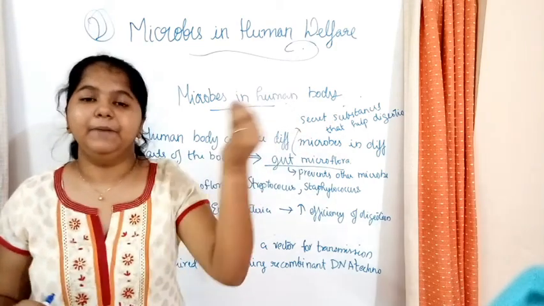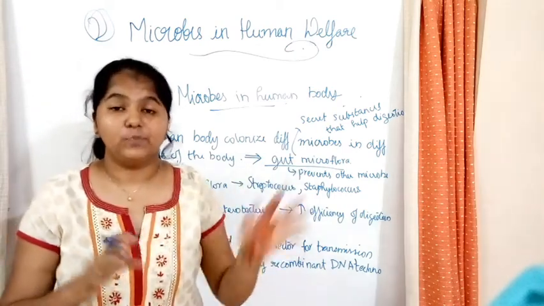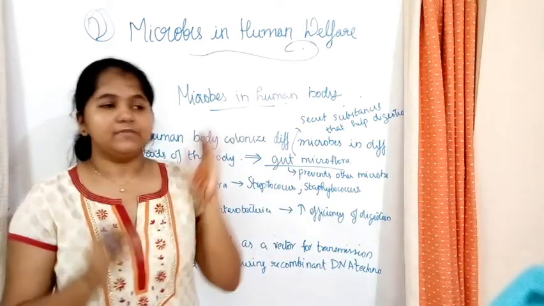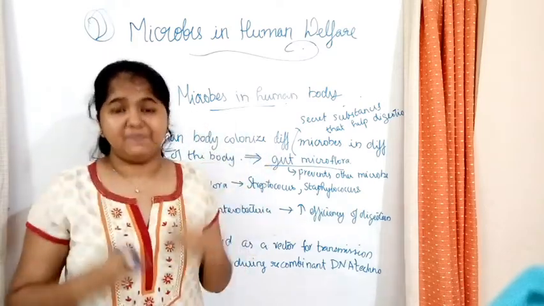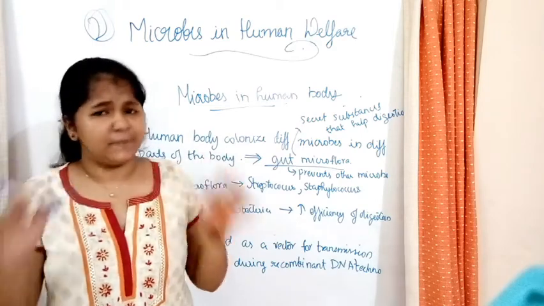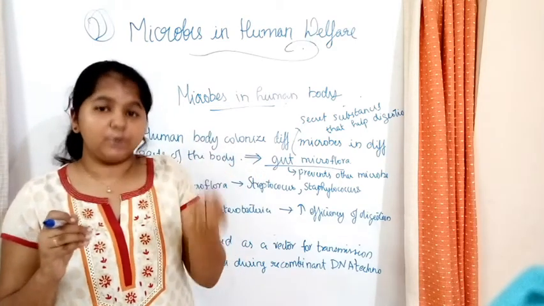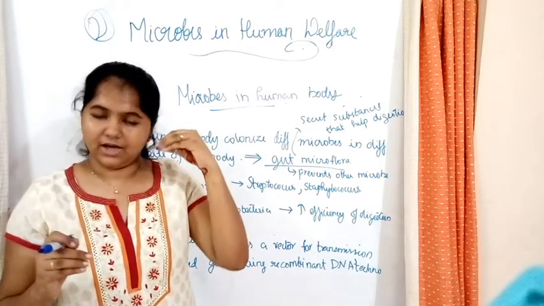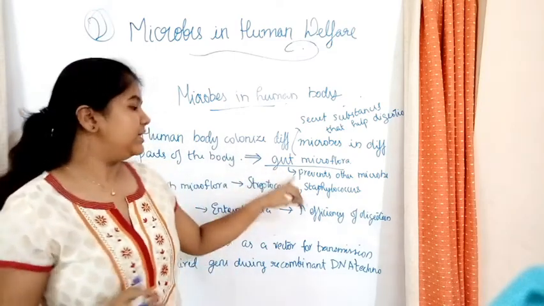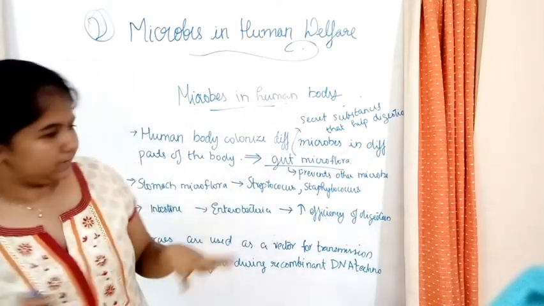The next is that it prevents other microbes from colonizing in our body. Think, there can be other harmful microbes, or anything displaced, not in its place, is not good for us. If a microbe that has to be in our buccal cavity went to our stomach, there would be an adverse effect. So it prevents other microbes from colonizing in different parts of our body.